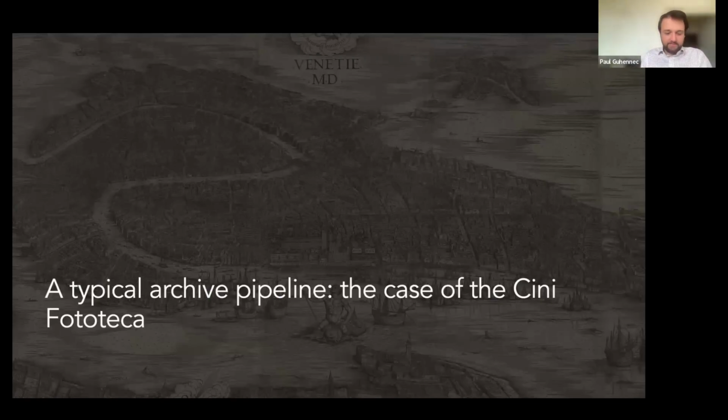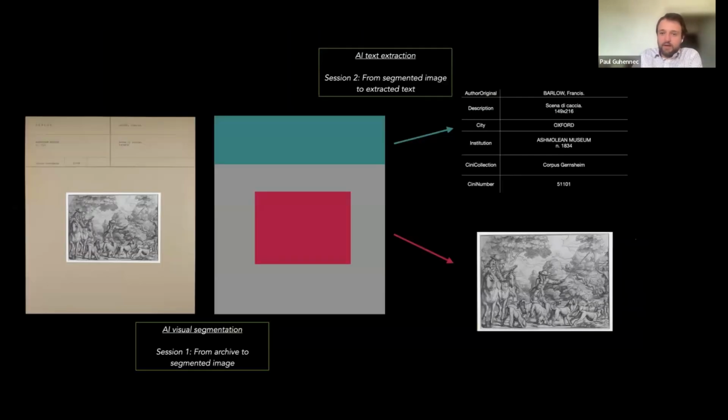Now let me get to what exactly we're going to be doing. And what we're going to be doing is to follow all of the steps that we have put in place in the case of the Cini Fototeca. I've created two figures here to help you understand, and I've placed the different sessions of our course on here.